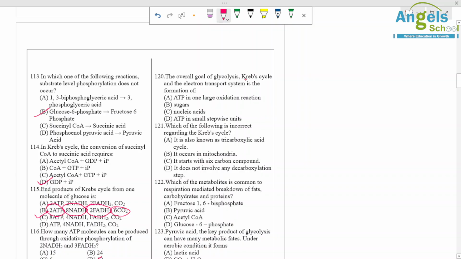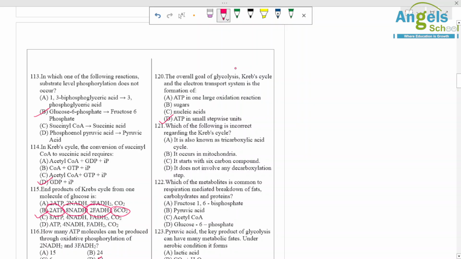So we can produce a gradual ATP or small stepwise unit of ATP. Like in glycolysis, we have 2 ATP molecule. Then in Krebs cycle itself, we have 2 molecule of GTP. And then in ETS, we can get 30 molecule of ATP. So stepwise ATP formation is there in the reaction.